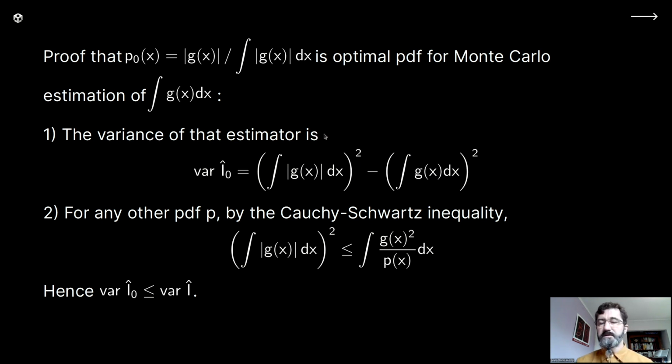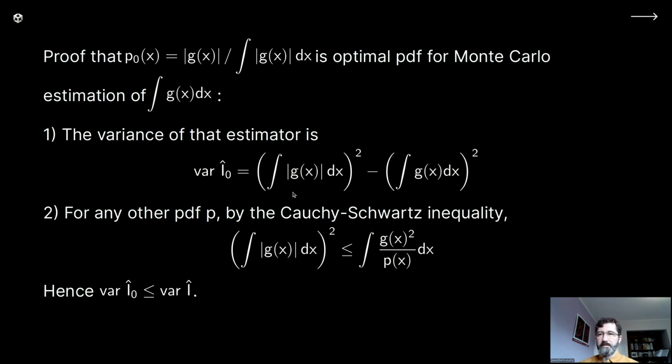So first, we can compute the variance of that estimator, so the Monte Carlo estimator that would use P0 of X, and find out that it is simply the difference between the integral with the absolute value squared and the integral without the absolute value squared.